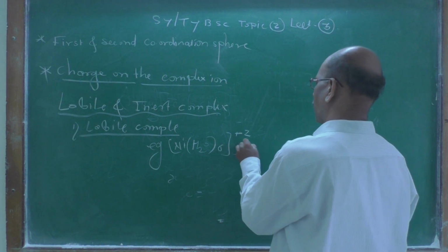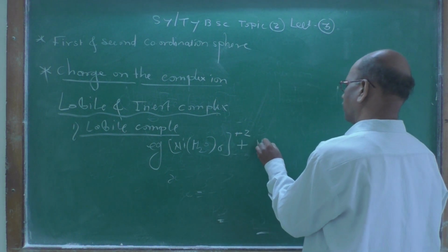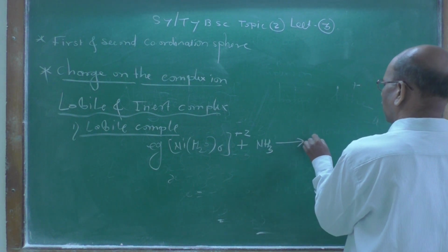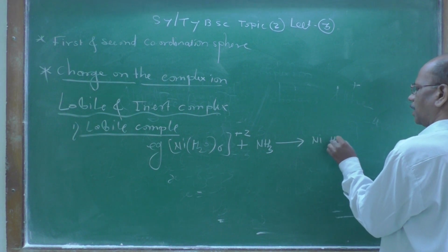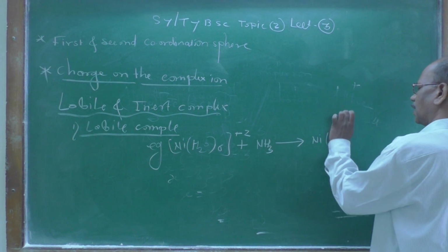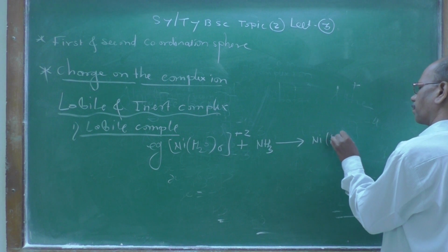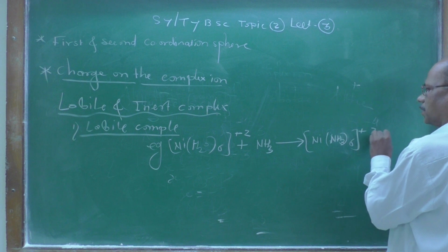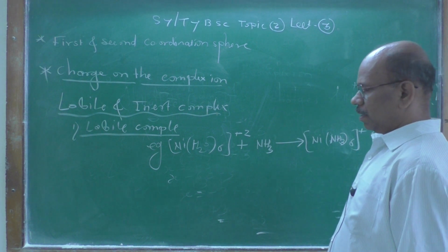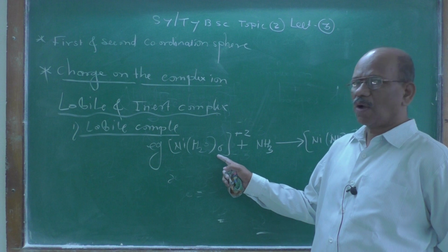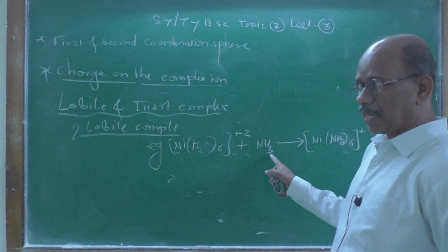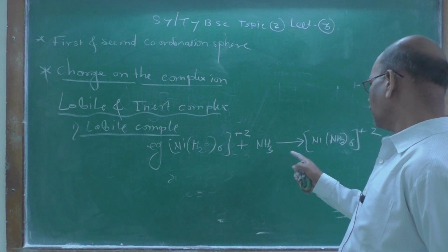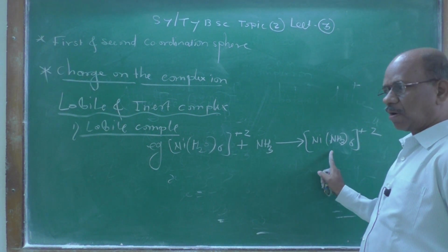If we add here ammonia NH3, it gets changed into [Ni(NH3)6], which has +2 charge. Means if you add ammonia to this aqueous complex of nickel, the water ligand is exchanged with ammonia, and we get formation of the ammonia complex.